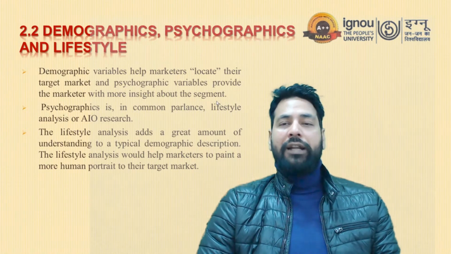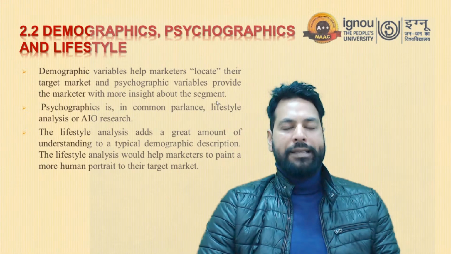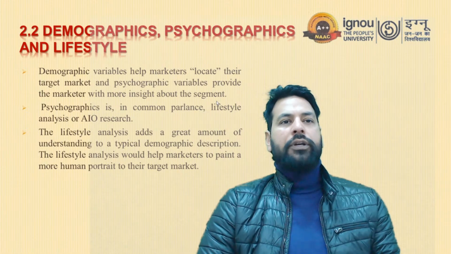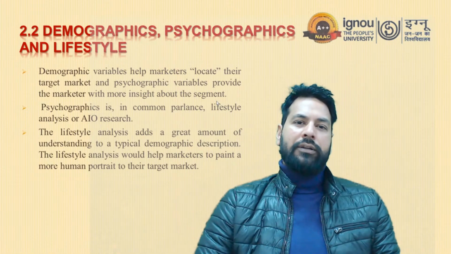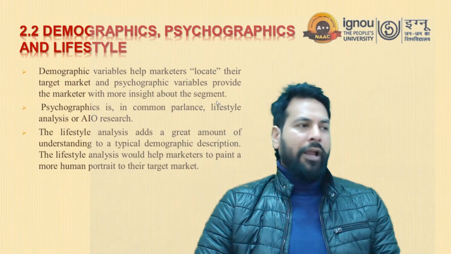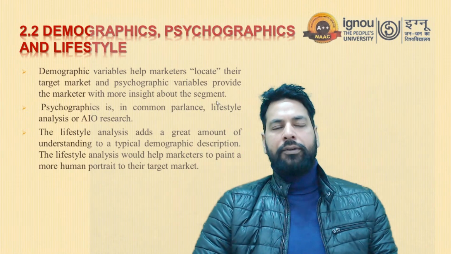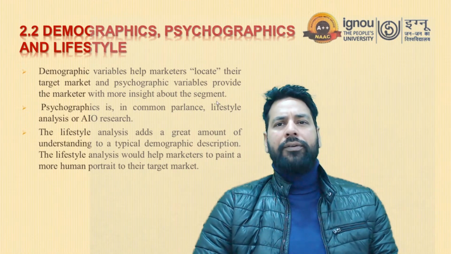So these three factors become important for a marketeer in order to understand the consumer mindset. Let's say if I'm a teenager, I might like a Duke motorcycle. But if I am a 40, 45 plus man, or woman for that matter, I might go for a car.